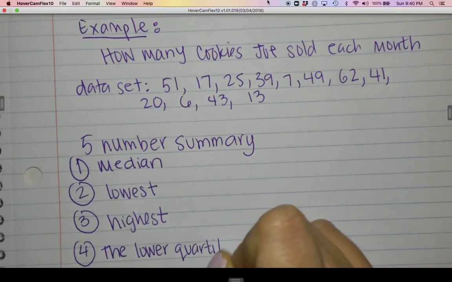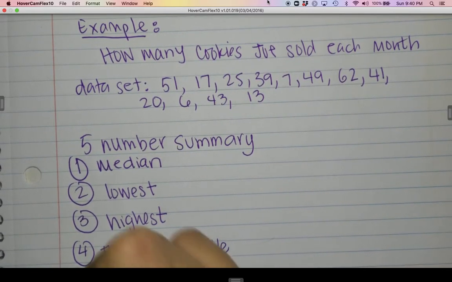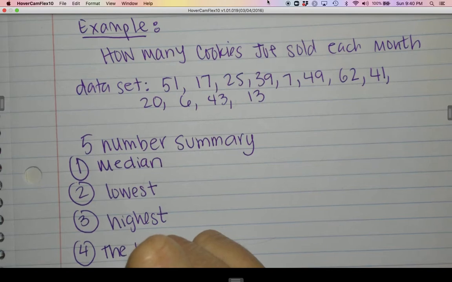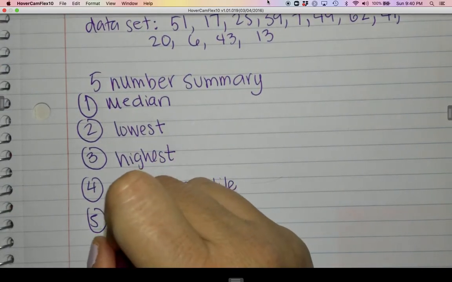This has another name to it. I forget what the other name is, but it's like the lower box or lower something. It's the first part of the data. The lower quartile, and then the upper quartile.